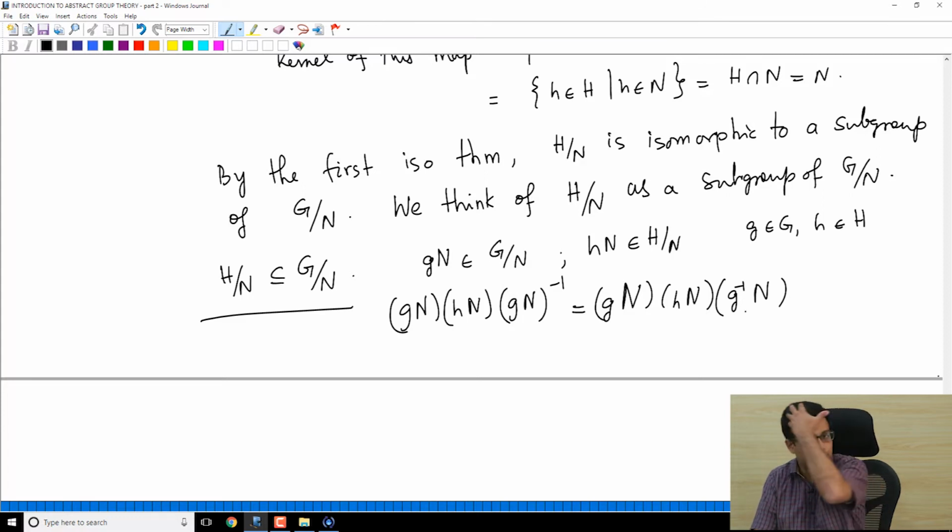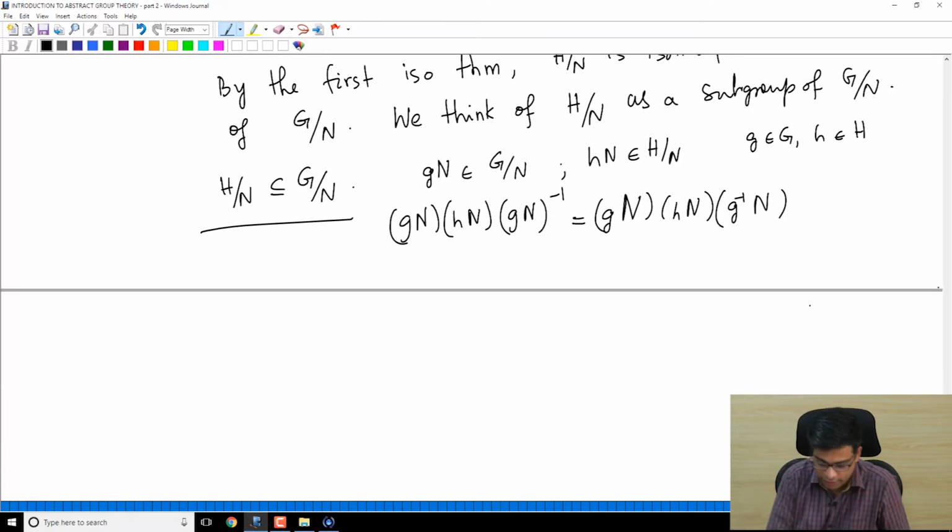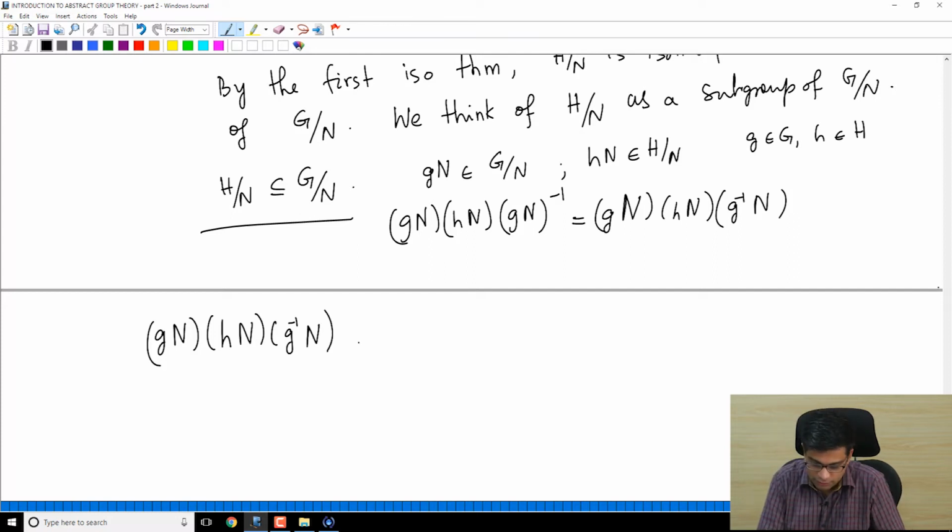This is also something we have shown while proving that G mod n is a group when n is a normal subgroup of G. Gn whole inverse is G inverse n. Okay, so now let's write it like this. So we have Gn, Hn, G inverse n.